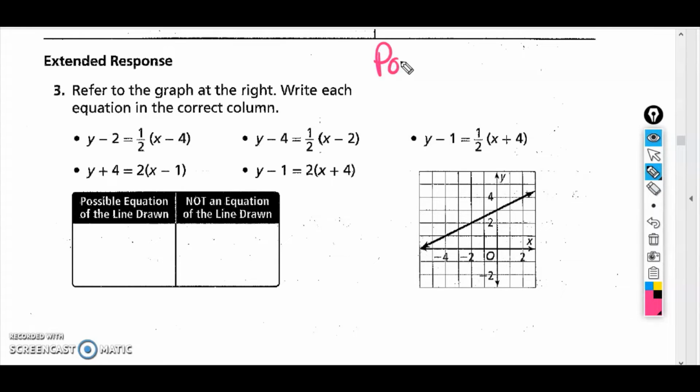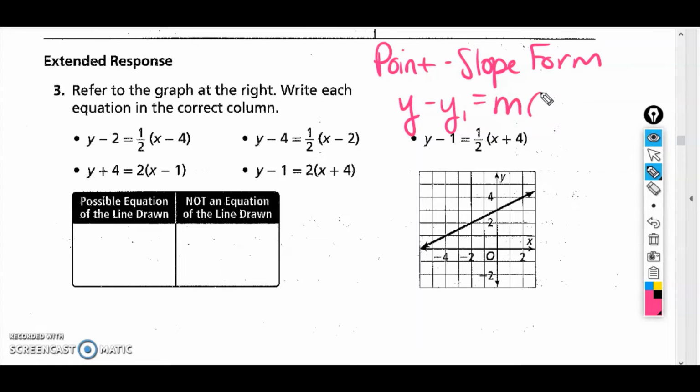Point slope form is y minus y1 equals m, parentheses, x minus x1. And the values that are important are y1, m, and then x1. And remember, x1 and y1 are your values that are on your graph.